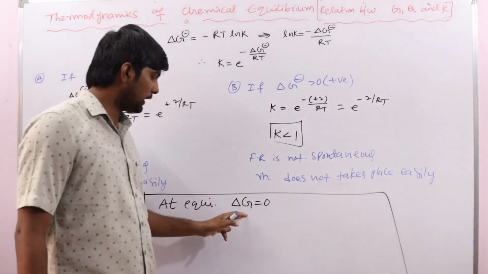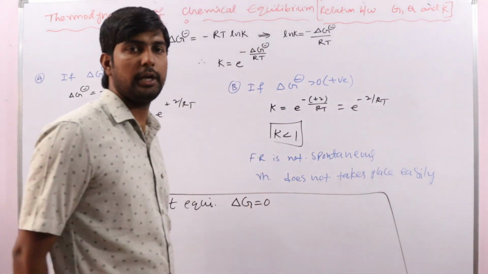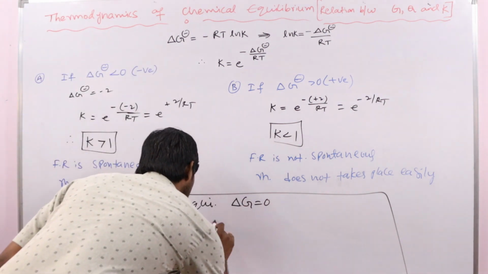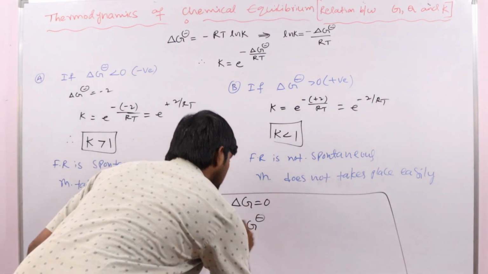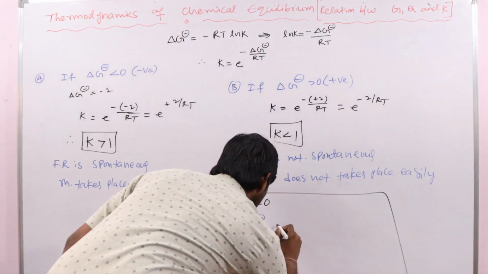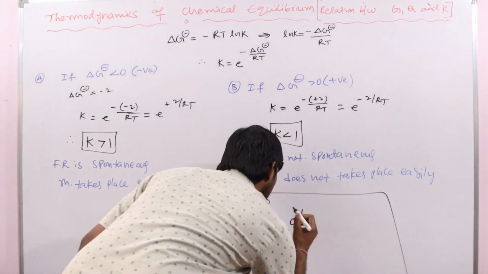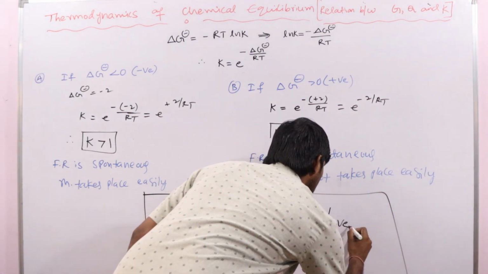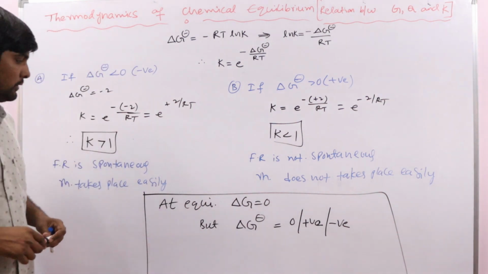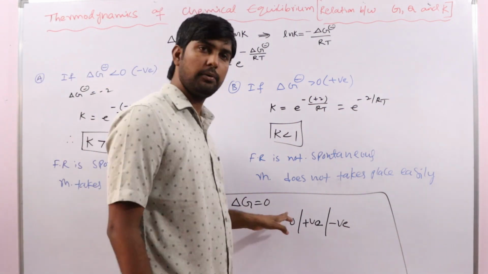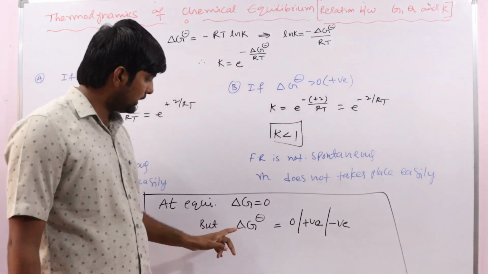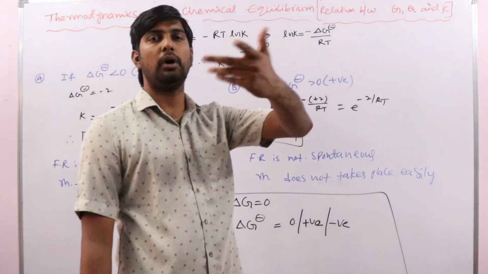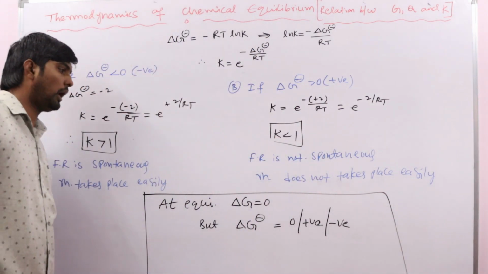At equilibrium delta G equals 0, that is, the Gibbs energy change is equal to 0, but the standard Gibbs energy change may be equal to 0, or it may be a positive value or a negative value. So the Gibbs energy change is 0 at equilibrium, but the standard Gibbs energy change may be 0, greater than 0, or less than 0 also.